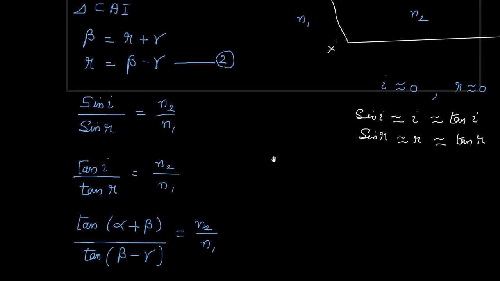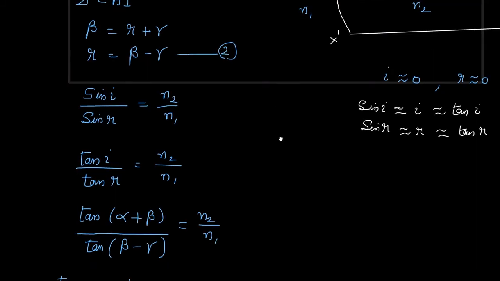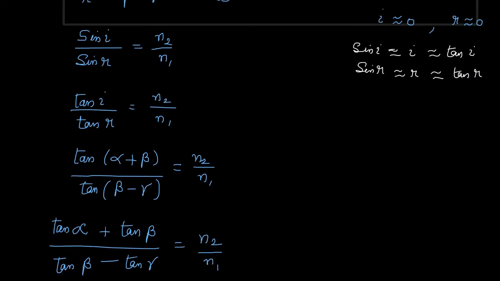Now from the figure, what is tan alpha? G and G dash are same. So tan alpha is AG by GO. Let us write tan alpha is equal to AG by GO. What about tan beta?